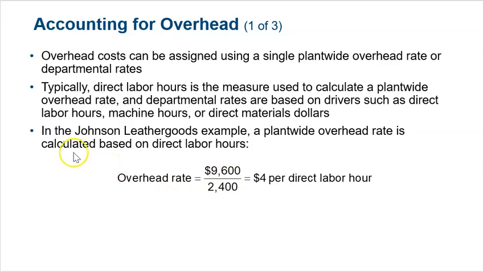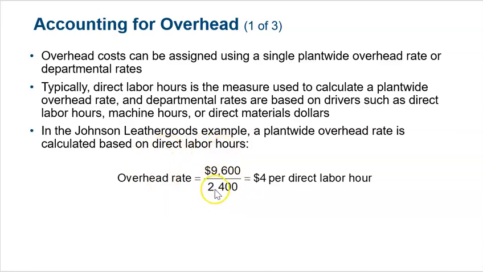So here we have an example company, Johnson Leather Goods, and what they have determined, with some small numbers, is our predetermined overhead rate. The $9,600 is the amount of estimated overhead for the period, and we're going to be basing our predetermined overhead rate on direct labor hours.